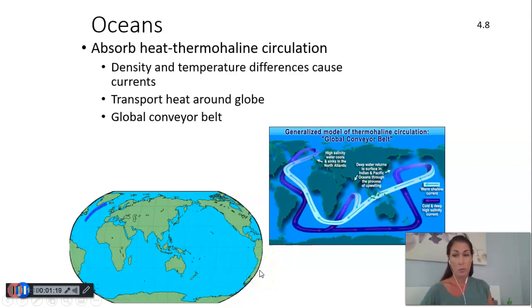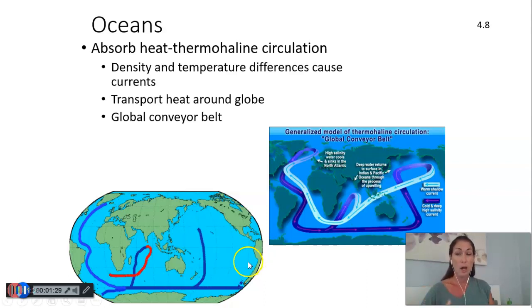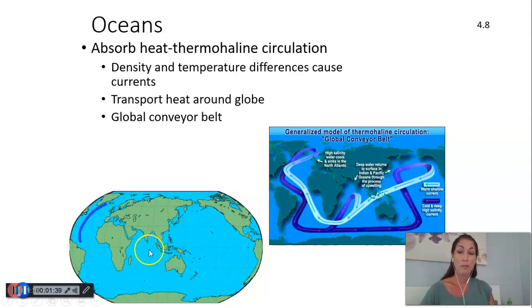Cold water, salty water, that's more dense water, and that's going to be traveling deep and slow. And our warmer water is our surface water. So it's really density driven currents, but their main thing is they transfer heat around the globe. And because we connect all of our oceans in one giant current, we call that the global conveyor belt.